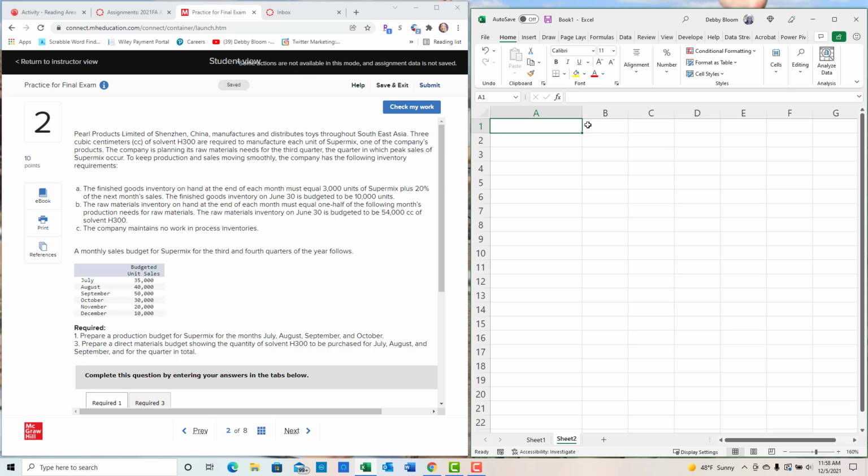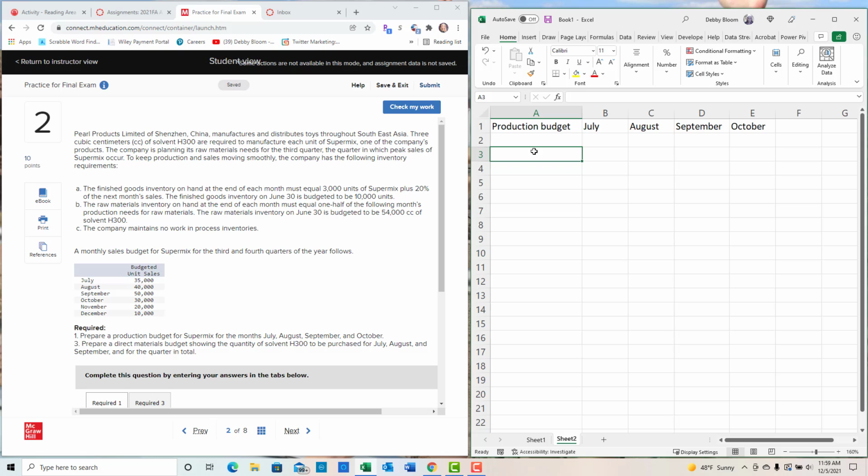So let's first start with our production budget. We need to do it for July through October because we're going to need the October number for the direct materials budget for this third quarter. So let's get started.